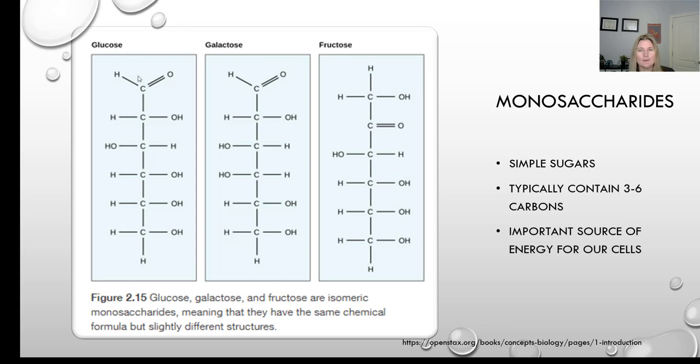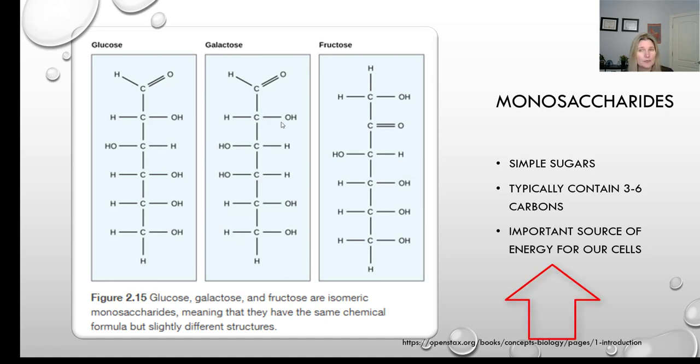Often we'll see them as 6 or 5, but they can have less than that. They can have more, but it's more rare. And these are basically what will provide a chemical energy source for our cells. Our cells will take in this molecule, this chemical energy form, and convert it to cellular energy. So this is why it's an energy source for our cells.